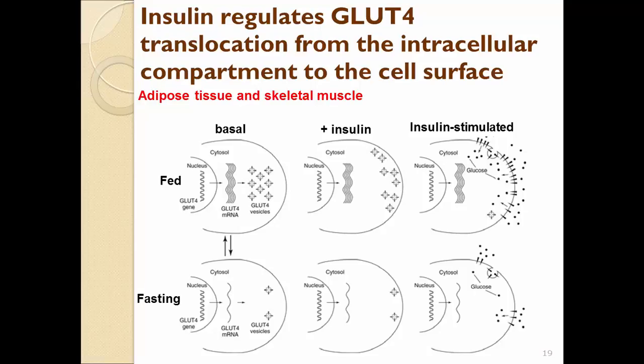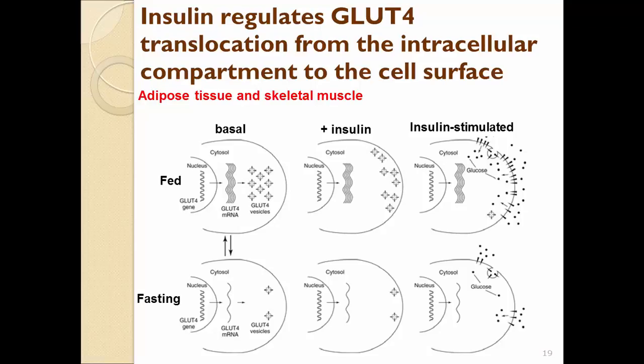Only when our blood insulin level increases, what insulin does is stimulate GLUT4 translocation from inside of the cell to the cell surface. So once you have a lot of GLUT4 on the cell surface in either adipocytes or muscle cells, GLUT4 is ready for transporting glucose into the cells.